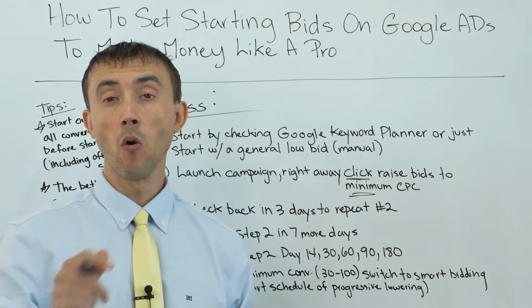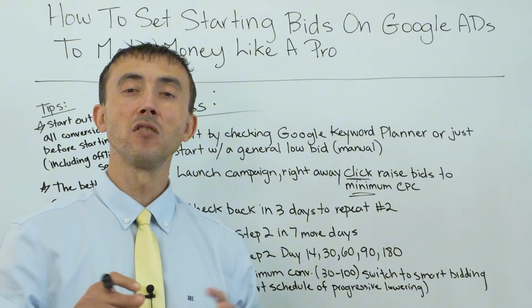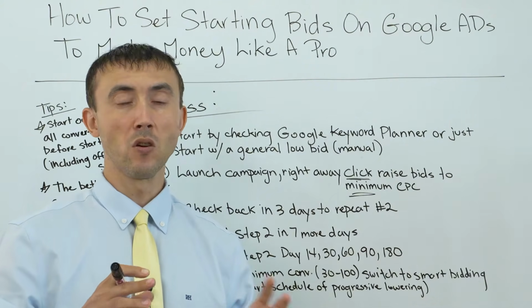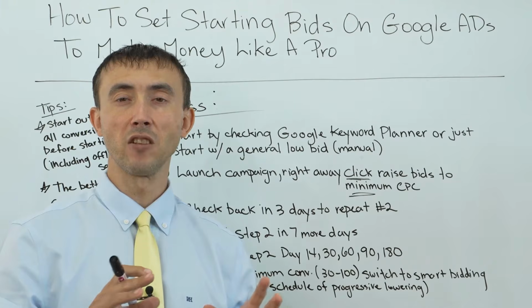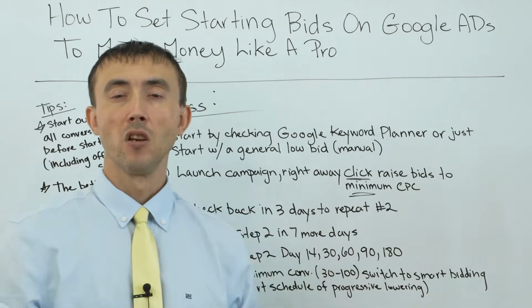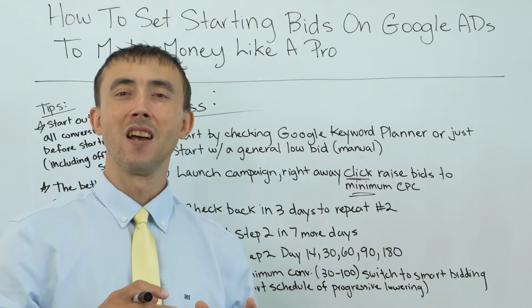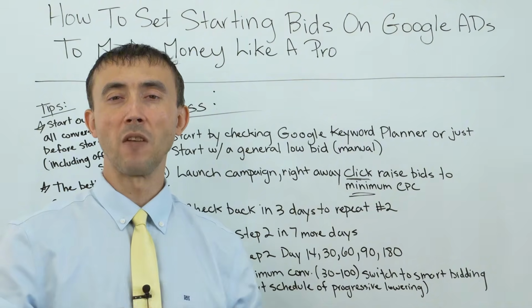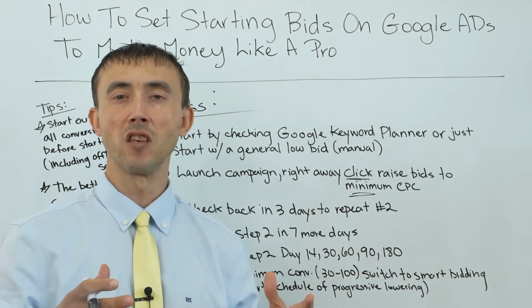It's either that or you've gotten some impressions, or at least impressions, on that keyword. Google sees that you're not getting the standard click-through rate from that keyword that other people bidding on it are also getting. So they're going to say, I don't know about this guy. We're going to make sure that he has to pay more per click if he just wants to continue to get some action on this keyword.